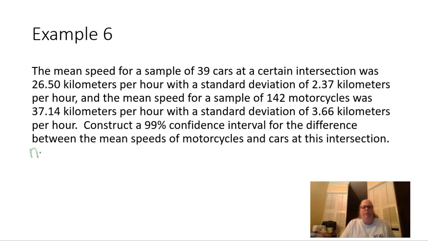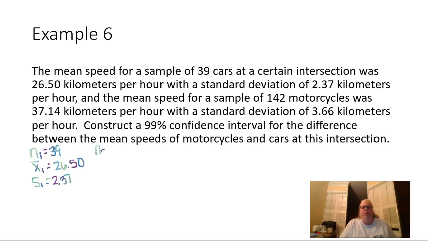We have a sample size of cars that is 39, and the sample mean for the speeds of those cars at this intersection is 26.50, and the standard deviation is 2.37.